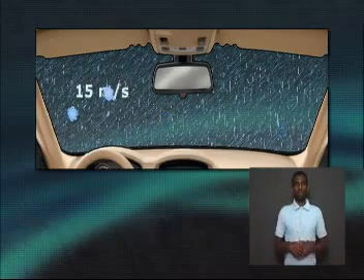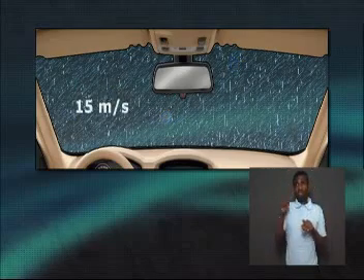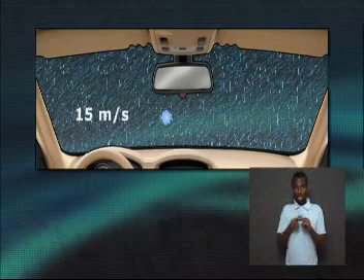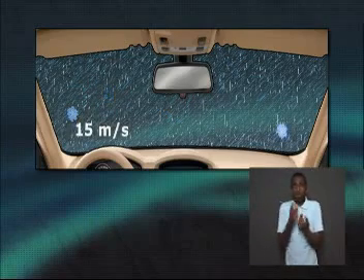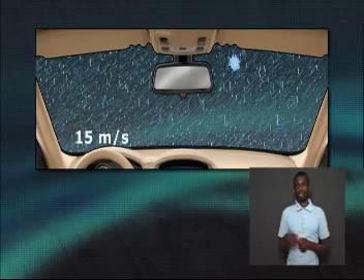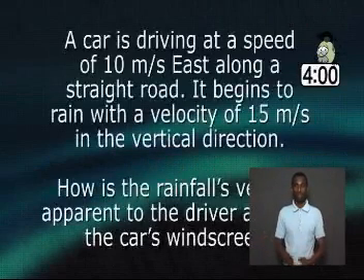How is the rainfall's velocity apparent to the driver as it hits the car's windscreen? Be sure to solve for both the magnitude and direction. You may begin, students. Students, let's get ready. Begin.